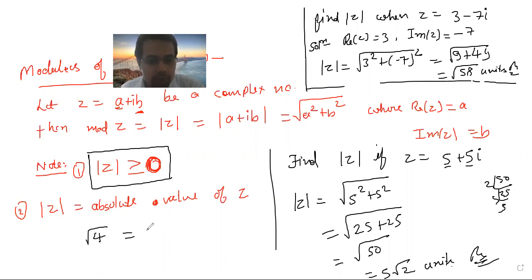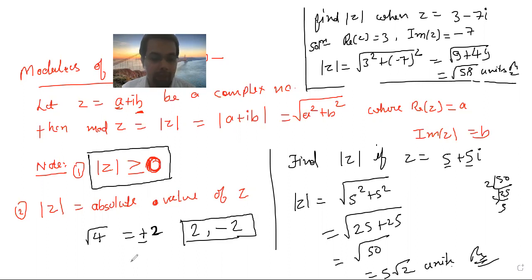You will say 2, but it is an incomplete answer. 2 is not the only answer. There are two values, plus minus 2. That means 2 and minus 2 both are the answers of root 4.